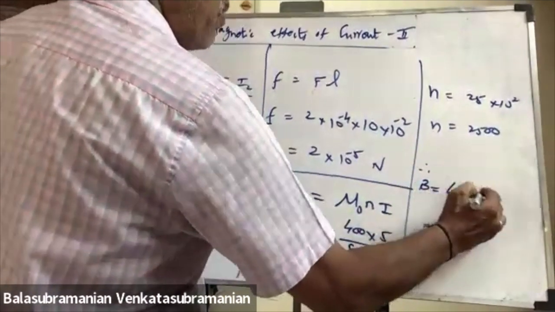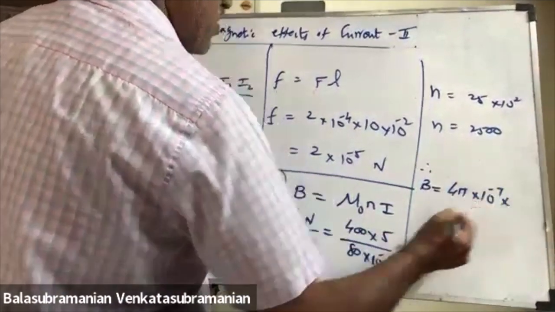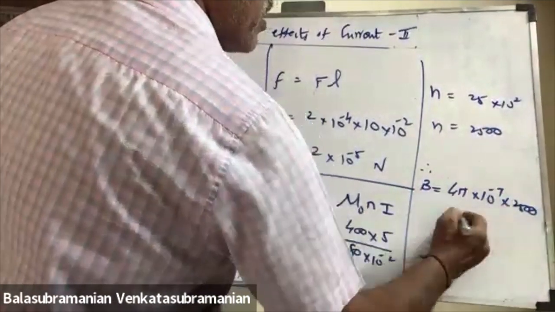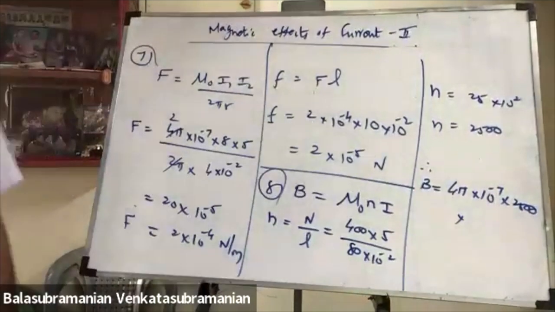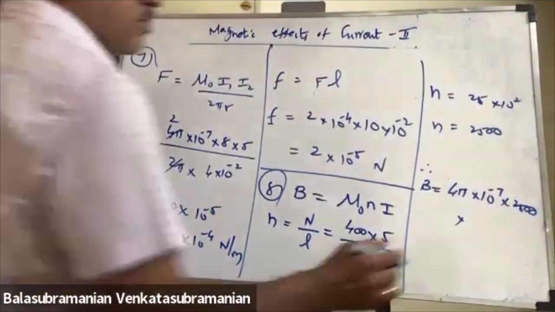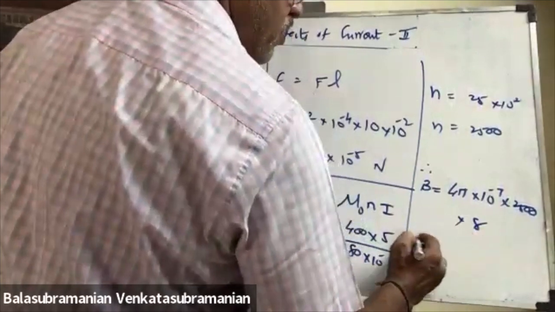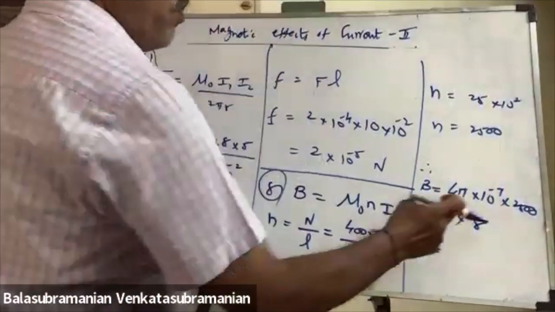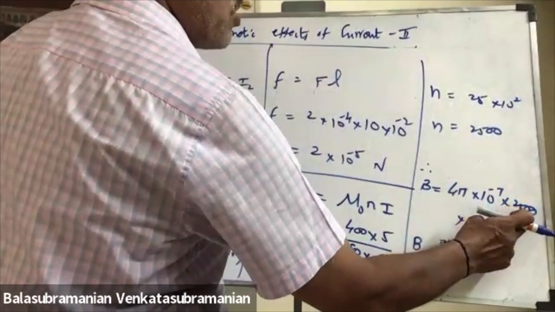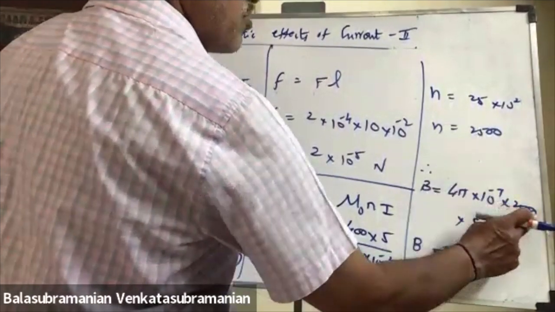mu naught 4 pi into 10 power minus 7, n i, 2500 into current. Current is 8 ampere. 4 into 2500, 100 means 2 zeros, here 2 zeros.